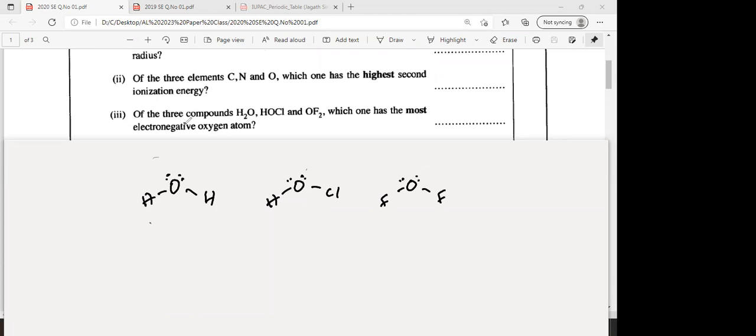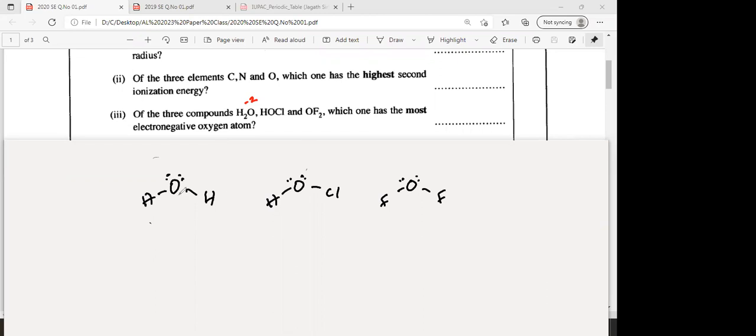Let's see the oxidation number. Oxidation number of oxygen in H2O is -2, right? HOCl, what is that? With respect to hydrogen it is +1, with respect to Cl it is -1. Here -2.